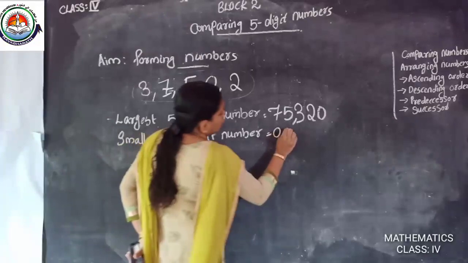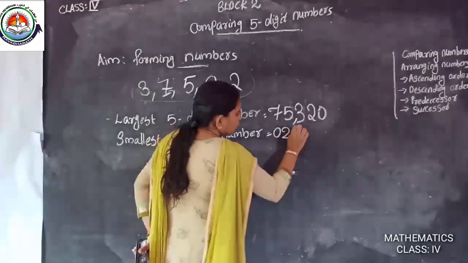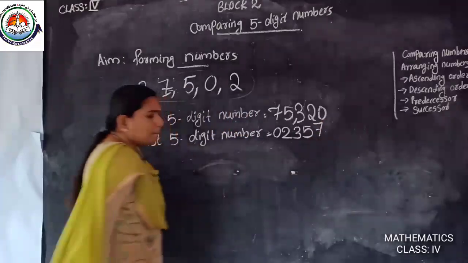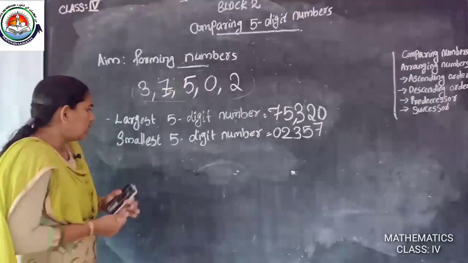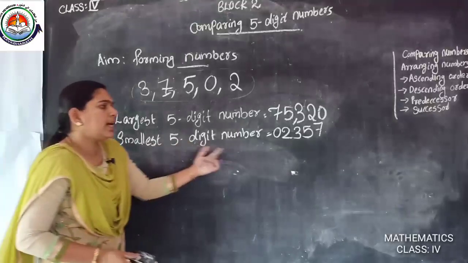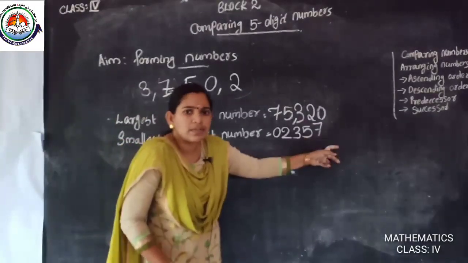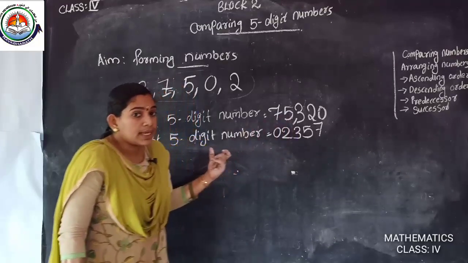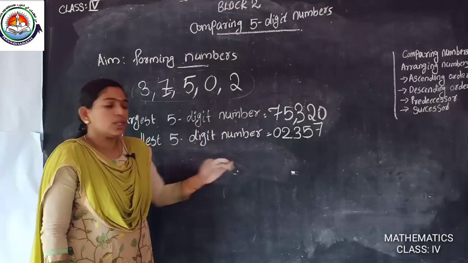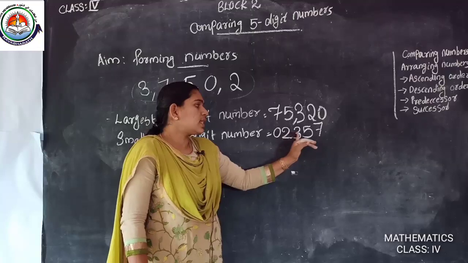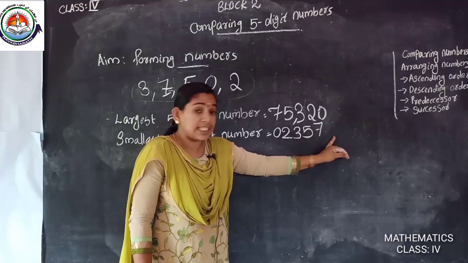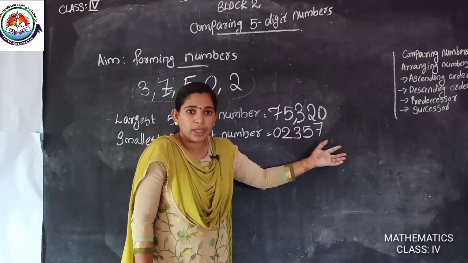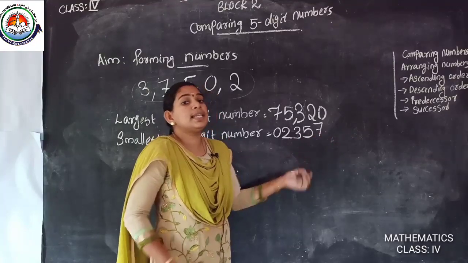Next 2, then 3, then 5, 7. But here it asks for the smallest 5-digit number. Is this the smallest 5-digit number? No. 0 is invalid. A 0 on the left side means it is not used, so it reads 2,357. Okay, so this is not a 5-digit number.